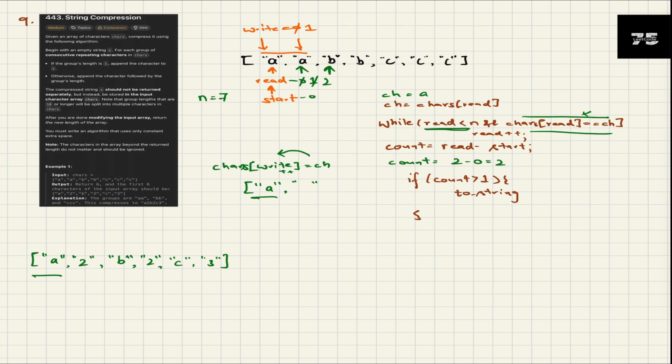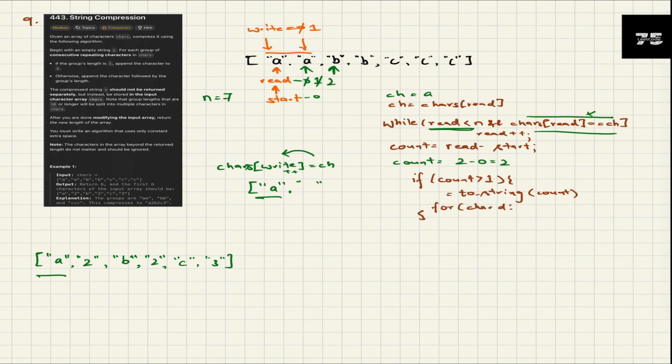Like if I had 12, I will change that count into the string format, and for each digit in x, what I'm gonna do, I'm gonna write that digit and then do write plus plus.